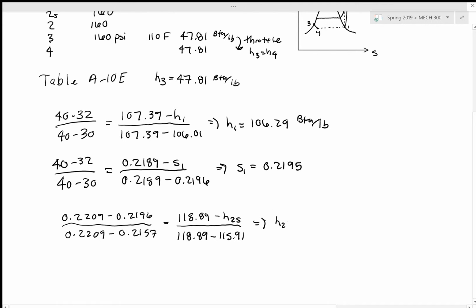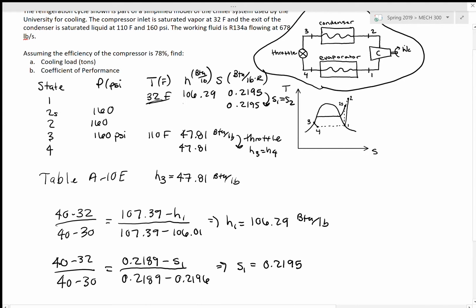And when I ran that, I got 118.15 BTU per pound. So we can throw that up in our table.